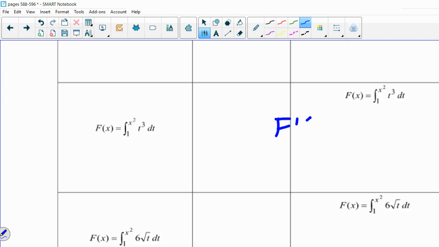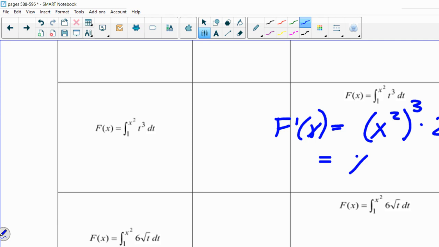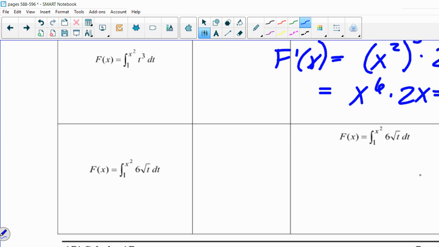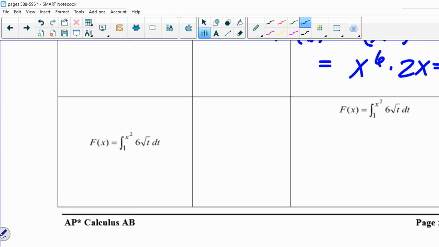Here, F prime of x is t cubed, evaluated at x squared, times the derivative of x squared. X to the 6th times 2x is 2x to the 7th. I know I'm going through these fast. I feel like this is easy enough for you. The integral from 1 to x squared of t to the 1/2 dt.